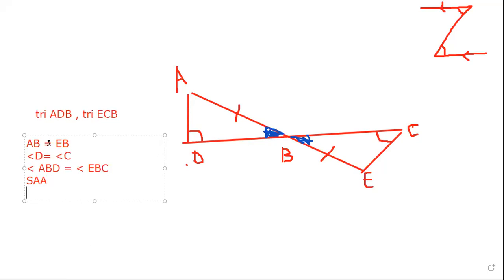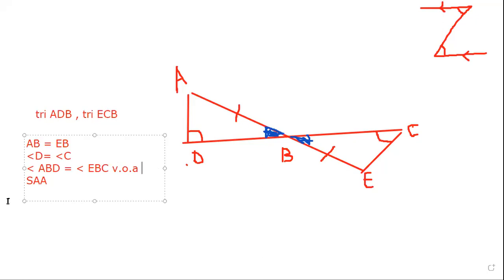Angle ABD is congruent with angle EBC because they are vertical. Yes, very good. What is the reason? Because they are vertically opposite angles. We said before, once we have two intersecting lines, then we have vertical angles.